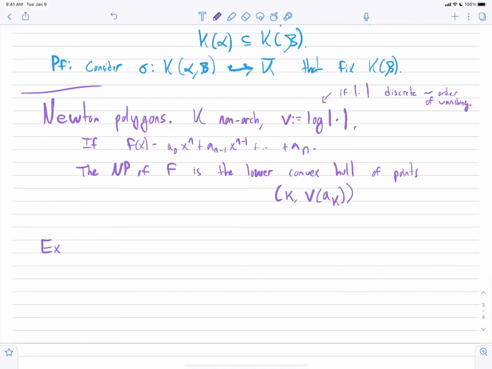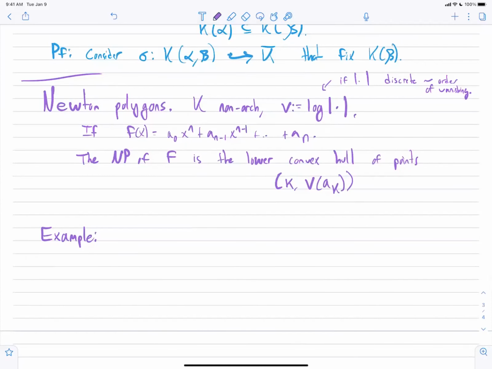An example will be, let's take K to be Q_2, and we'll take 2^3 x^2 plus 2x plus 2^2.